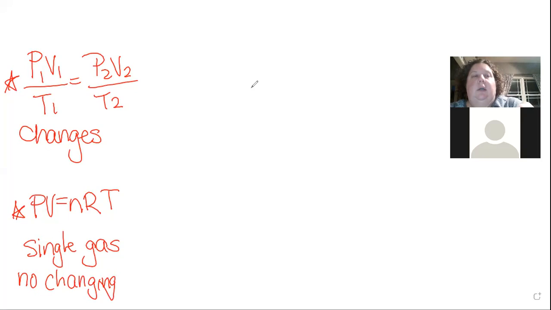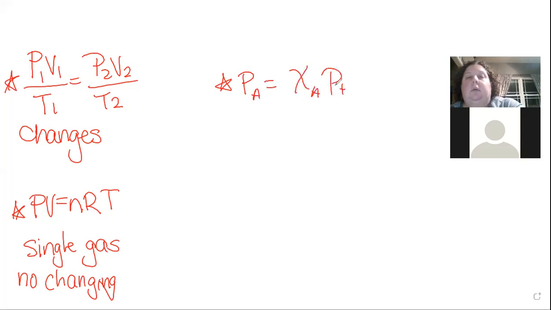And then what else have we got? Then we've got the stuff about Dalton's law of partial pressures. So we've got the one about the mole fractions. We take the mole fraction of that particular gas multiplied by the total pressure to give us the pressure that gas provides to the situation.